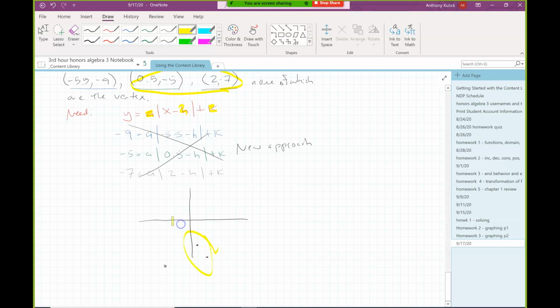Because they are right here. The only way for this to look would be something like that, right? If I tried to do something like this, I can't get all 3 of them on the same V. Do you guys see what I'm pointing out there? So let's write the equation for this line. Let's try doing that.